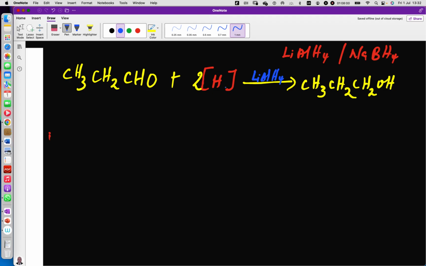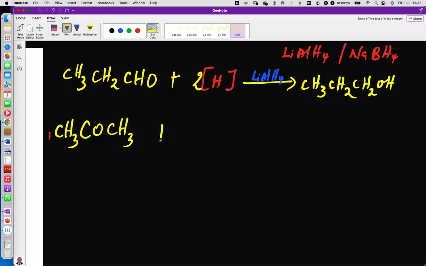So now this is for primary alcohol. Then ketone, reduction of ketone. Let's see how ketone can be reduced to secondary alcohol. For example, this is a ketone, CH3 CO CH3.